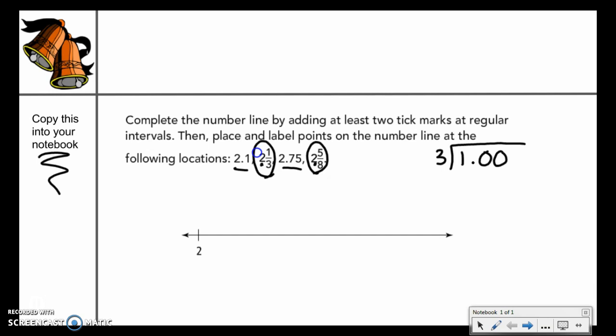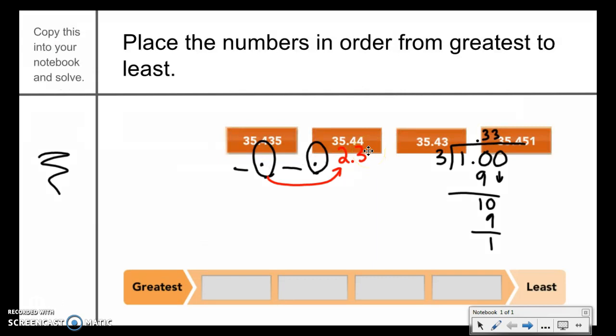Okay? 3 cannot quite go into 1, but it can go into 10 3 times, which is 9. Bring down 1. You can go into 10 3 times, which is 9. Bring down 1. This can go on and on and on forever. So what 2 1/3 is, you're going to keep your 2 because it is your whole number. So 2 1/3 is going to be 2.33.